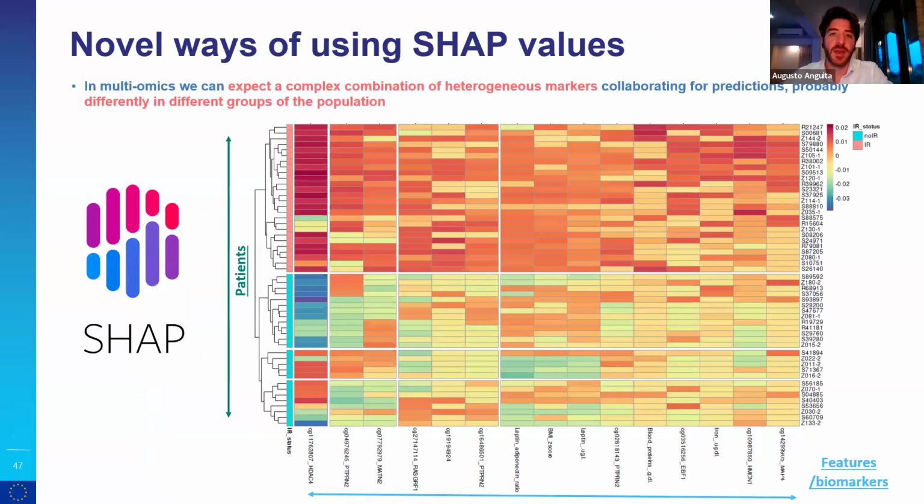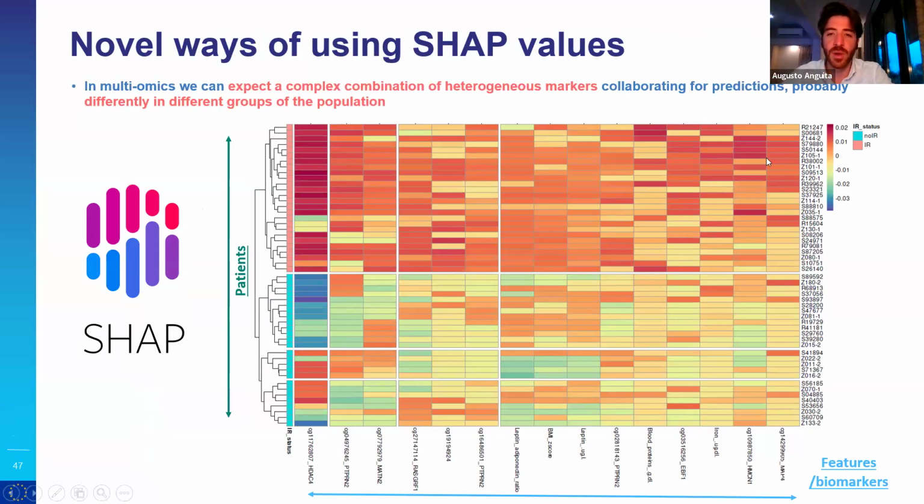And finally, we wanted to present novel ways of using the SHAP values for getting even more information on how the model makes predictions. Here I'm showing a heat map of all the SHAP values. In the rows, we have the patients. In the columns, we have the different features or biomarkers.